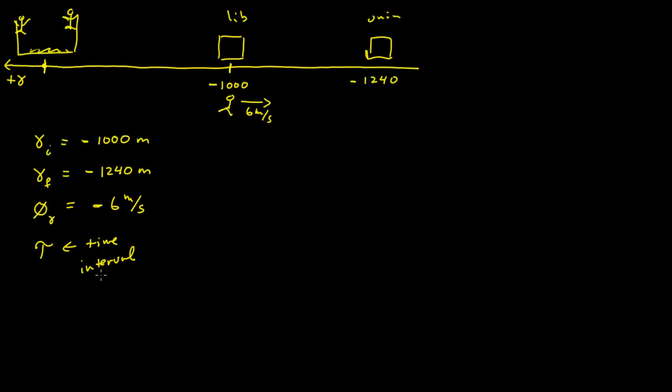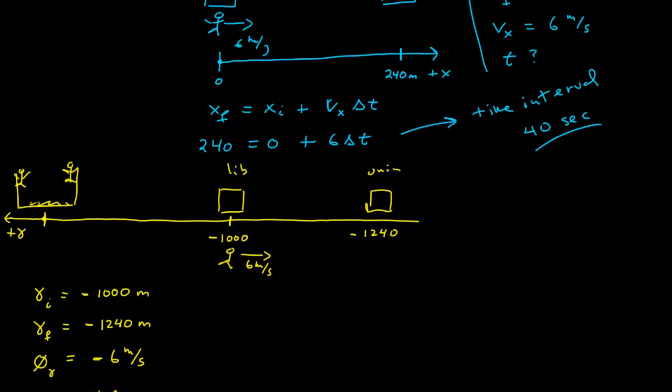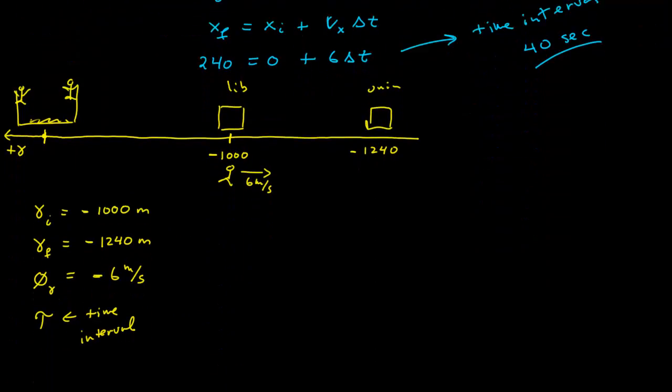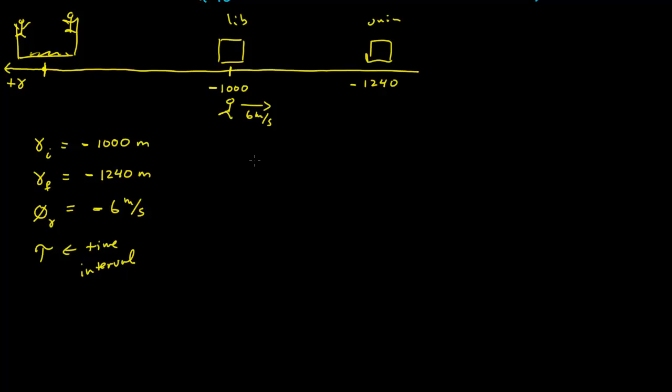Well, what do I do with this? I've never seen an equation with these parameters before, but it doesn't matter. My equation isn't a function of my parameters, it's a function of my words, which is right here. The final position, which I call gamma sub f, is equal to the initial position, which I called gamma sub i, plus the velocity, which I've called phi sub gamma, times the time interval, which I've called tau.